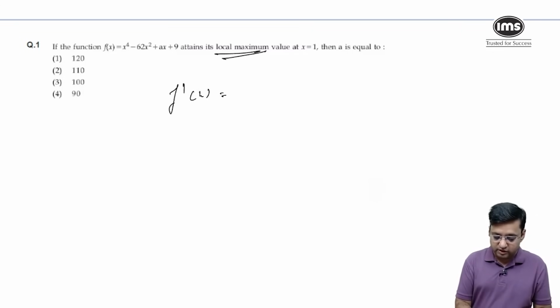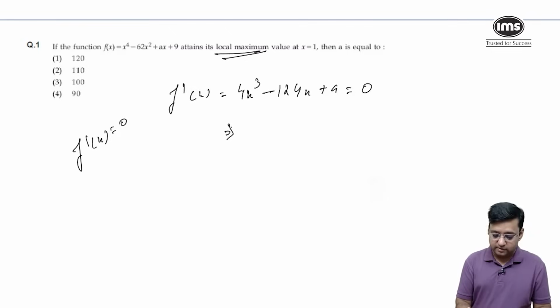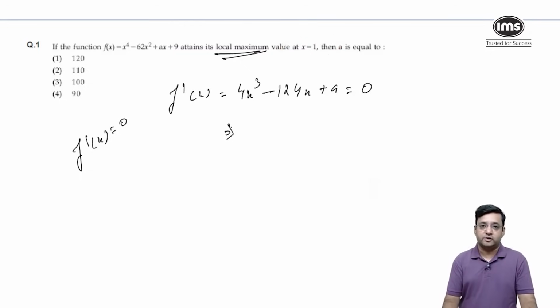When we differentiate, we get 4x^3 minus 124x plus a, and next we put the differentiated value as 0. We have also been given the value of x, which is 1.